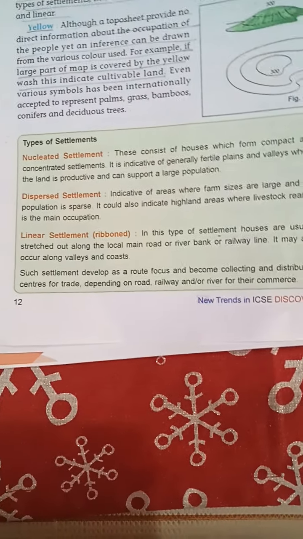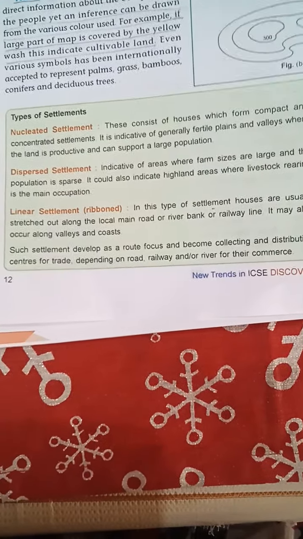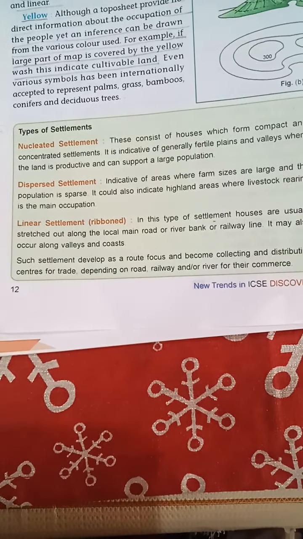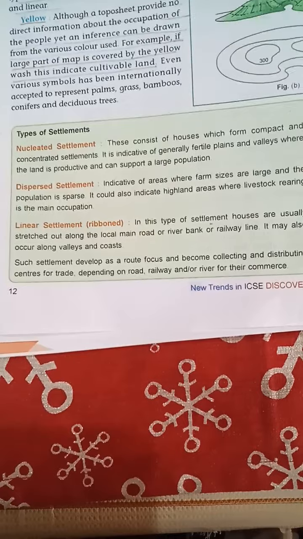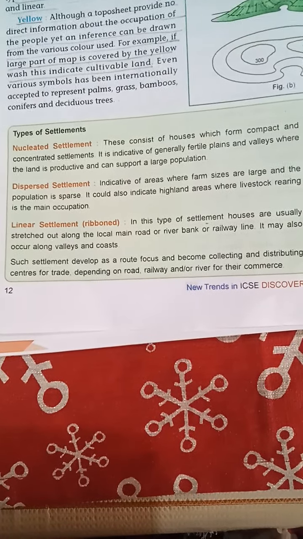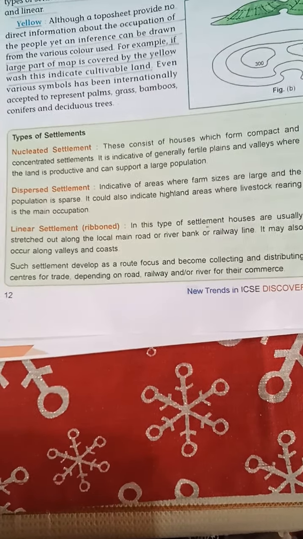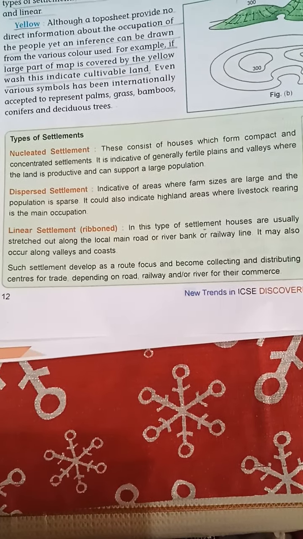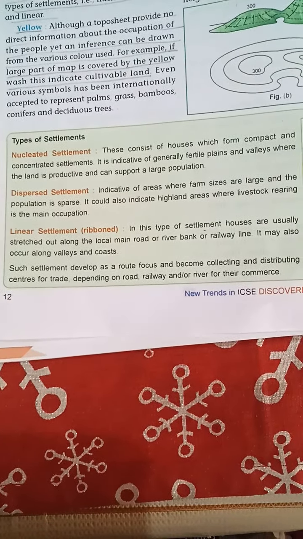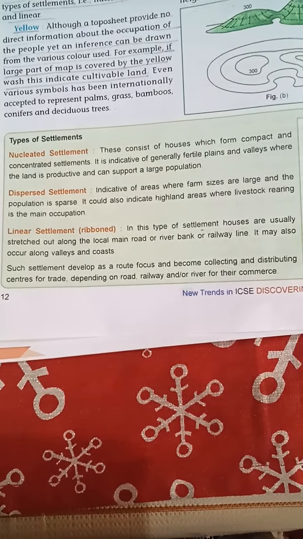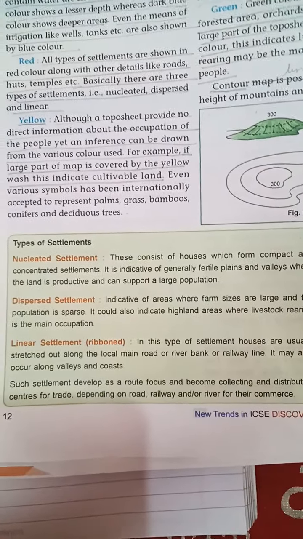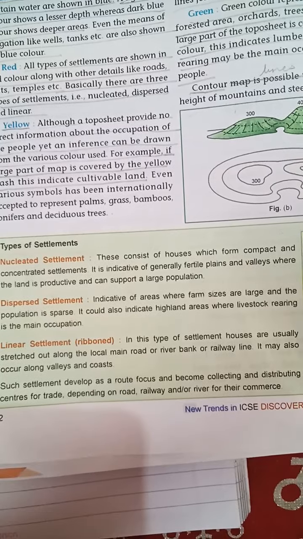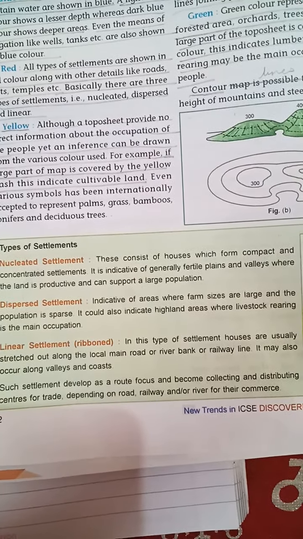Next we have dispersed settlement. This settlement is indicative of areas where farm sizes are large and the population is sparse. It could also indicate highland areas where livestock rearing is the main occupation. Then we have linear settlements or ribboned settlements.